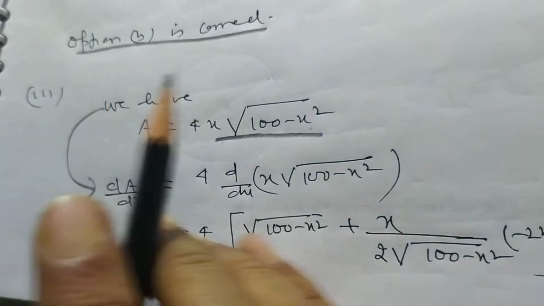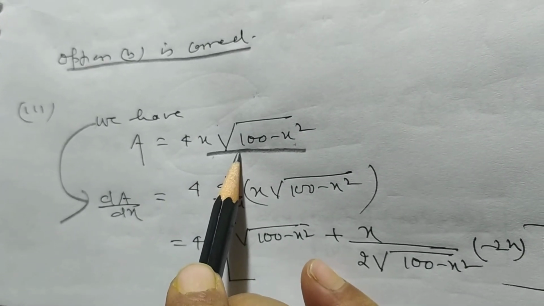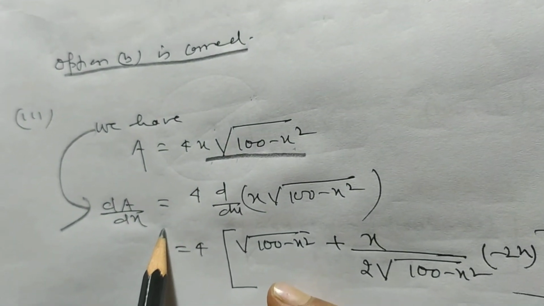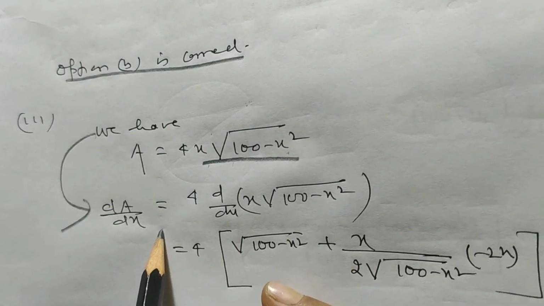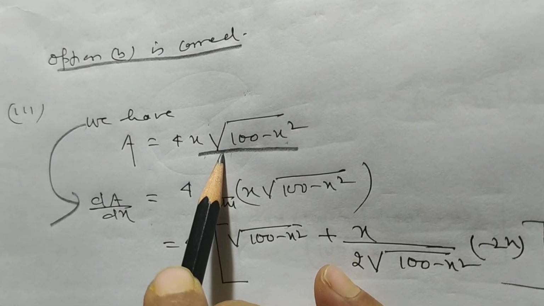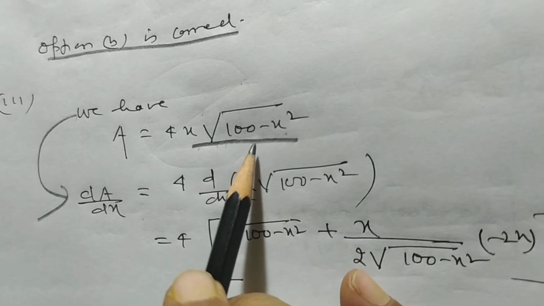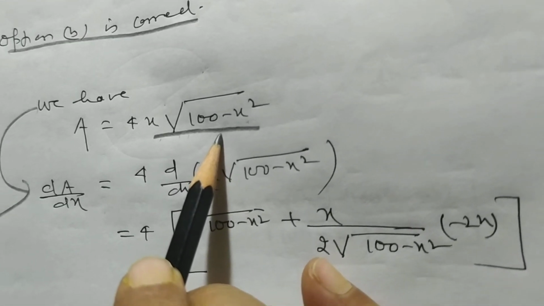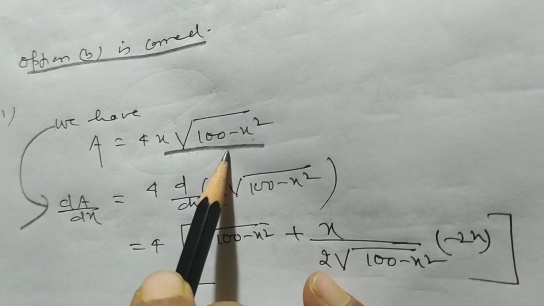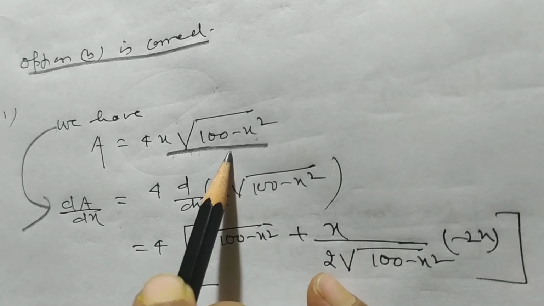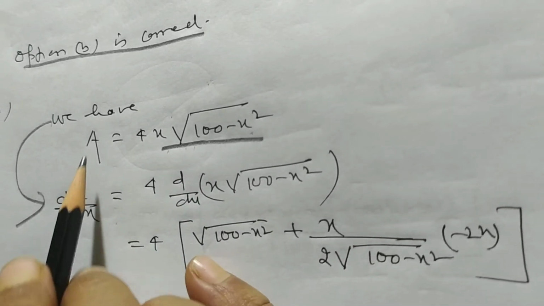So my dear students, we differentiate this expression of area either with respect to x or with respect to y. We want to differentiate it with respect to x, so we converted the area in terms of x. Now we will differentiate it.